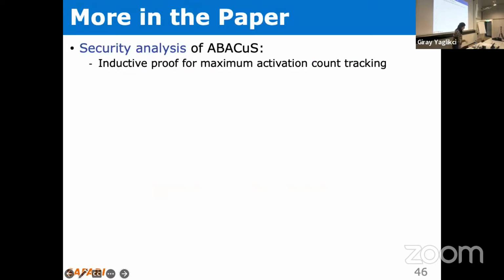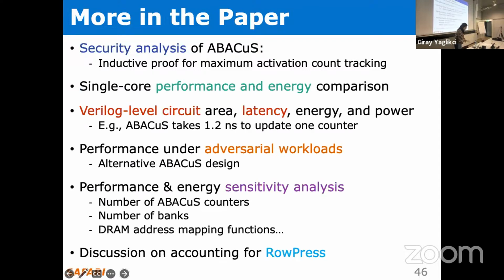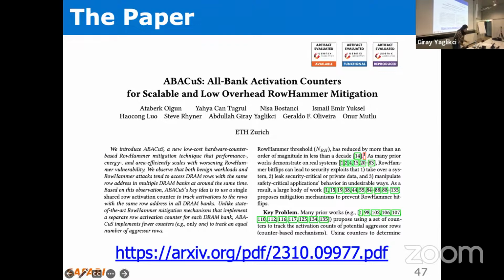So we have more stuff in the paper, more analysis and details, starting with the security analysis that shows Abacus prevents all RowHammer bit flips at all RowHammer thresholds. We also have single core performance and energy comparison, and other analysis as well, and some discussion on RowPress. I invite you again to read our paper for these details.